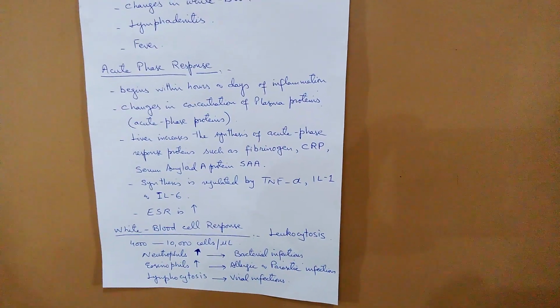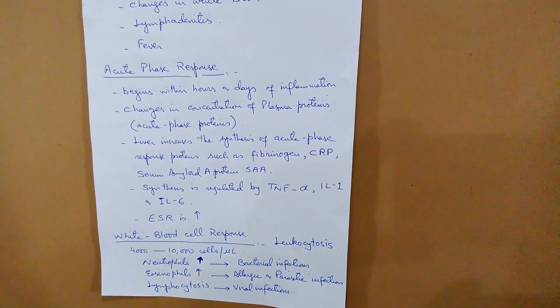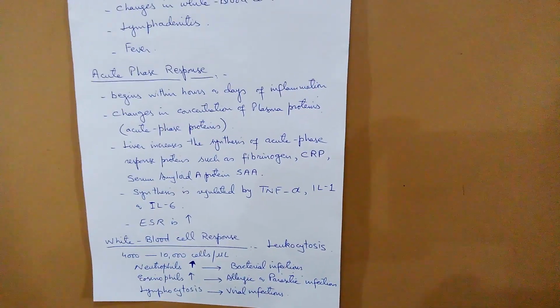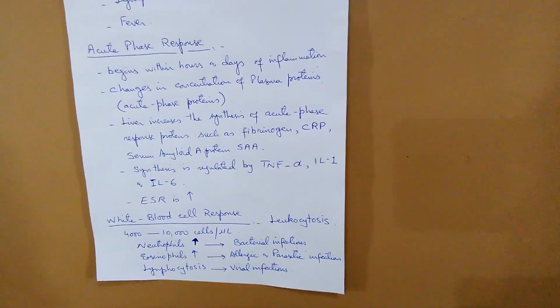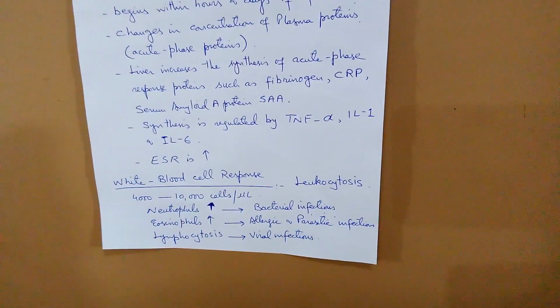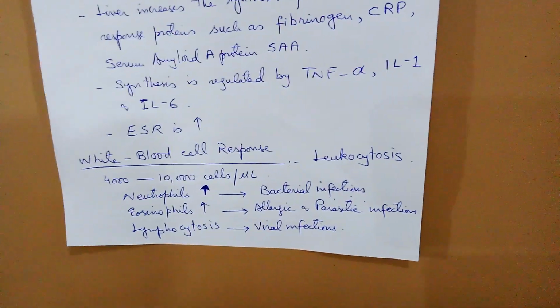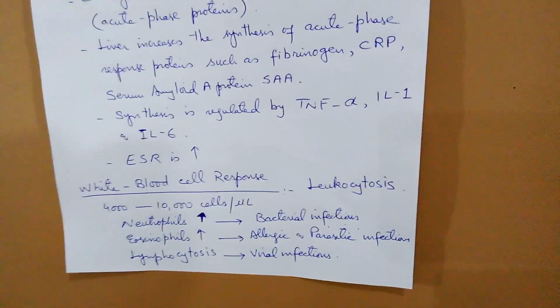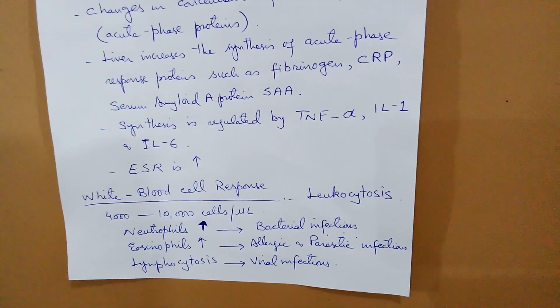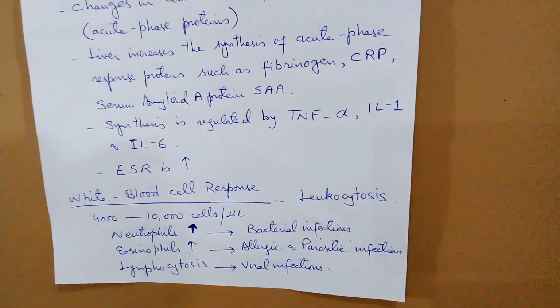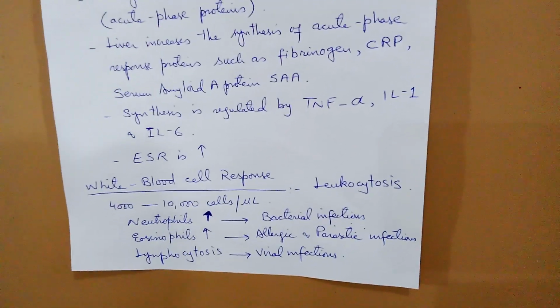Now students, white blood cell count. What happens with the white blood cell count in response to infection? Whenever there is infection or inflammation in the body, there is an increase in the number of white blood cells. This is called leukocytosis.